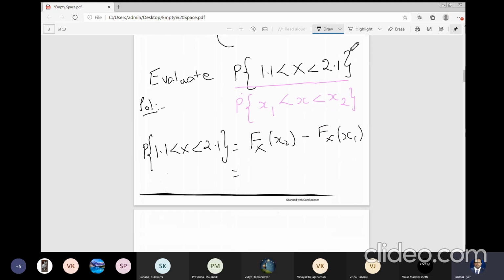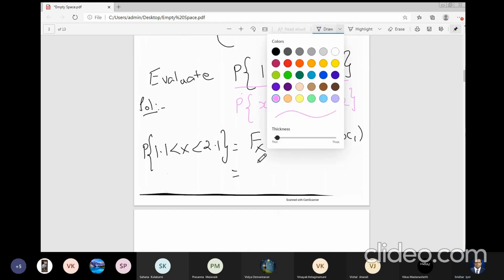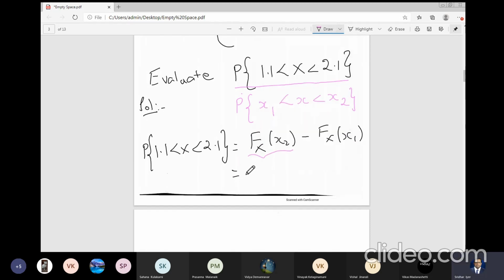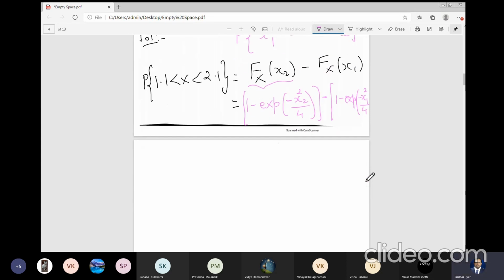So instead of x square, now I can write this as 1 minus exponent minus x2 square by 4, minus 1 minus exponent minus x1 square by 4, right?